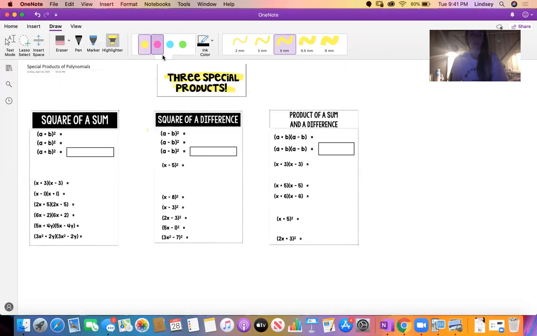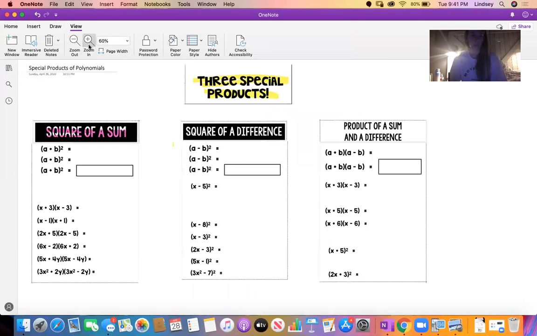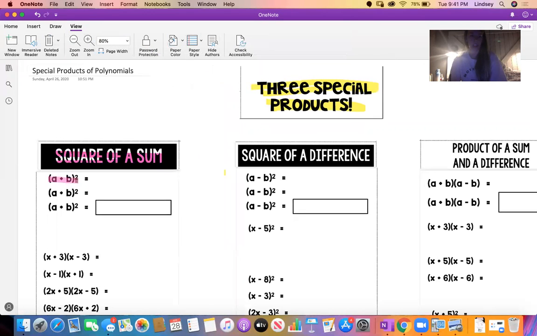Okay, so the very first one we're going to be talking about is the square of sums. So if you look right here, you can see that it's taking 2 numbers. In this case, it has variables for them, but if we had 2 numbers that we're adding together, or the sum of those numbers, and then we're taking it and we're squaring it.